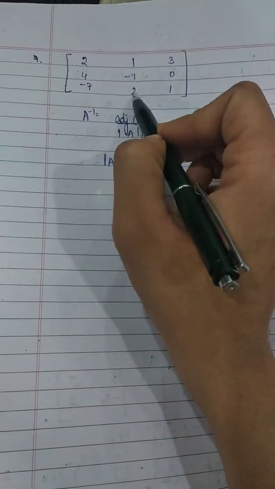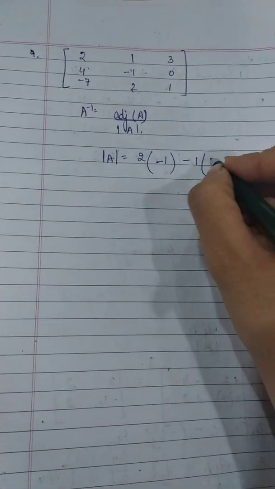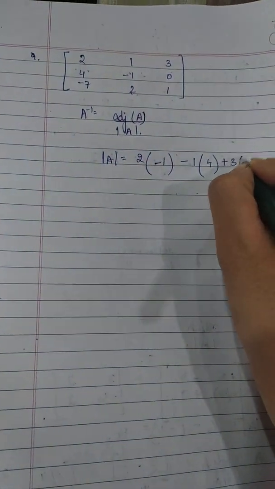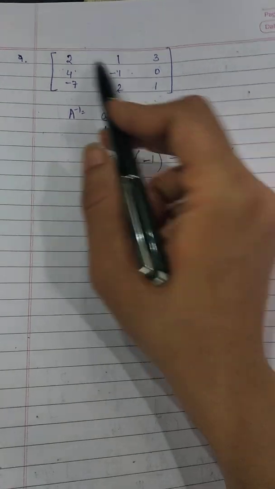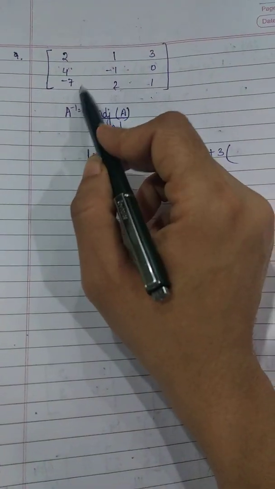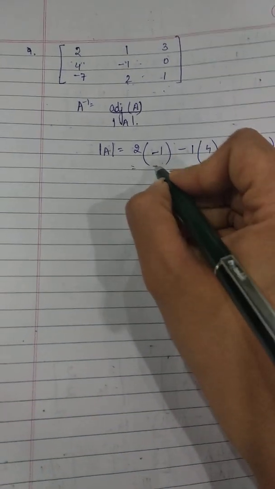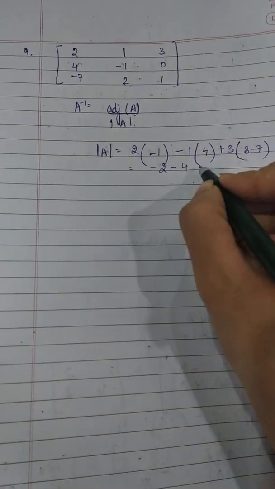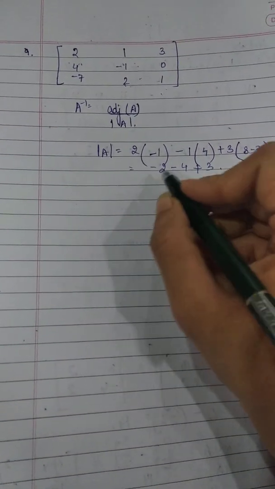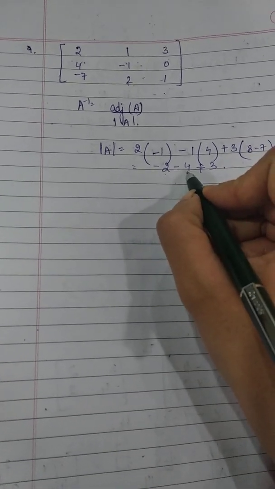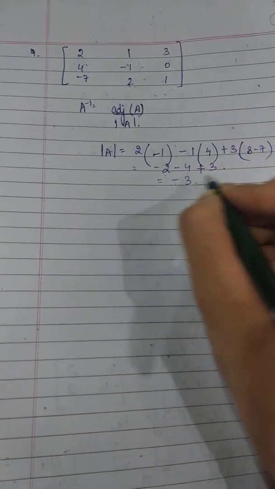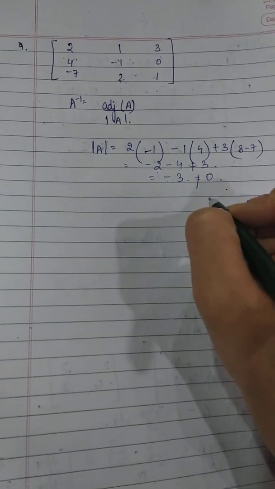Eliminate this row and this column, it's 4 minus 0, which is 4. Plus 3, eliminate, this is 8 minus 7. So this is minus 2, minus 4, plus 3. Minus 2 minus 4 is minus 6, plus 3 gives us minus 3, which is not equal to 0.